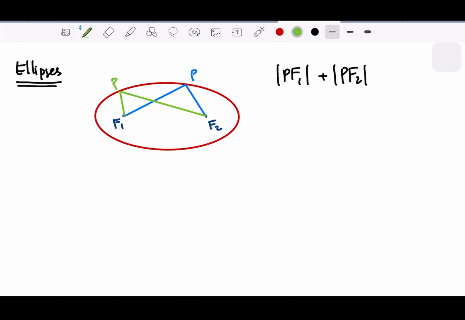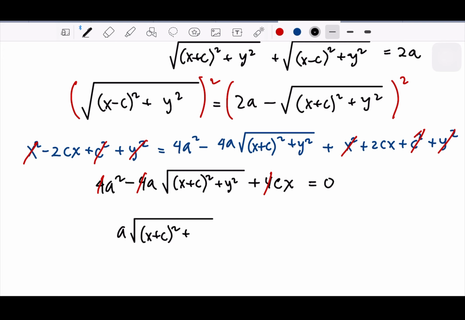Let me just write 4cx like that. And we can remove 4, and then we have a squared plus cx. Okay, squaring one more time to remove the square root.